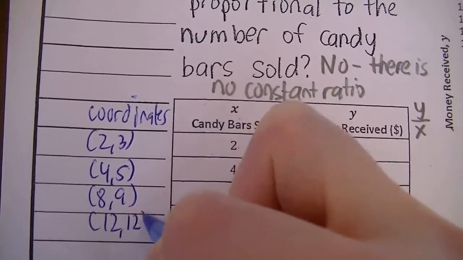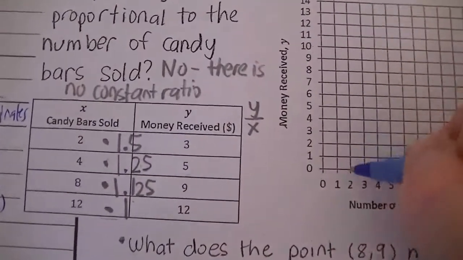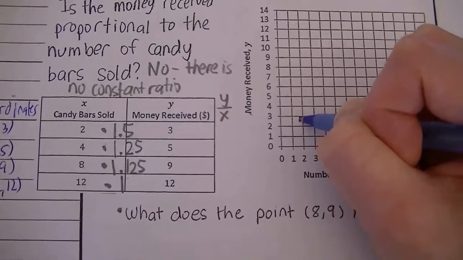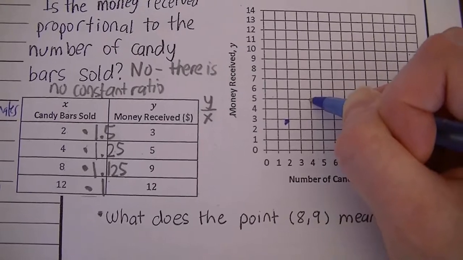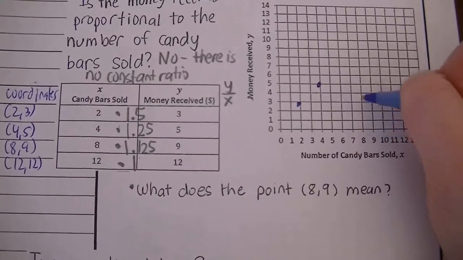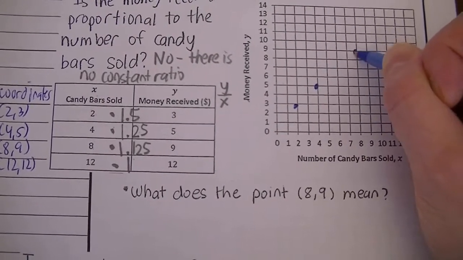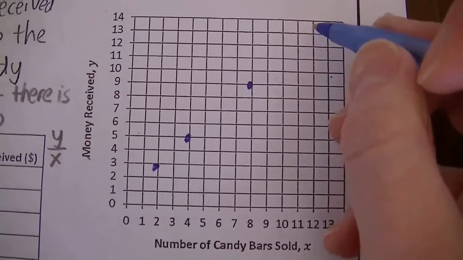So we're going to go ahead and plot these ordered pairs onto our graph. 2, 3, x is 2, y is 3. 4, 5, x is 4, y is 5. 8, 9, x is 8, y is 9. 12, 12, x is 12, y is 12.